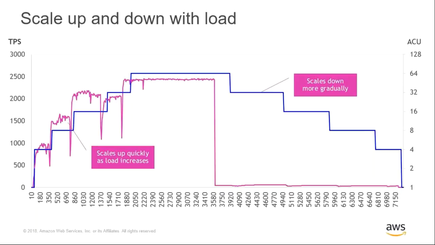But we try to take it easy a little bit with scaling down, just in case it's a temporary drop and we don't want to scale down too fast. But scaling up quickly is obviously very important. So if you see actual transactions coming in, you want to scale up right away to be able to serve those transactions and keep some of these metrics where they need to be in terms of response time. So that's how it works in terms of scaling up and down.